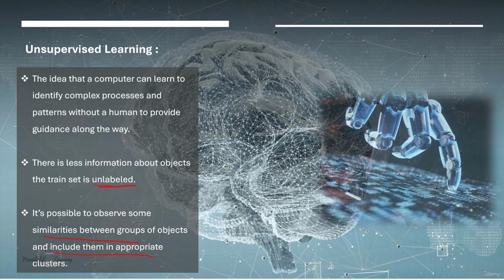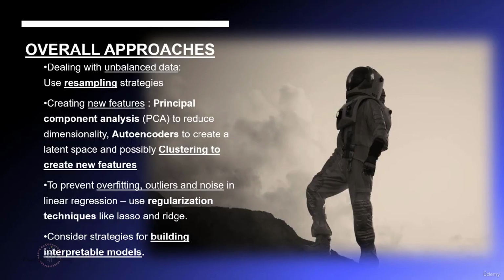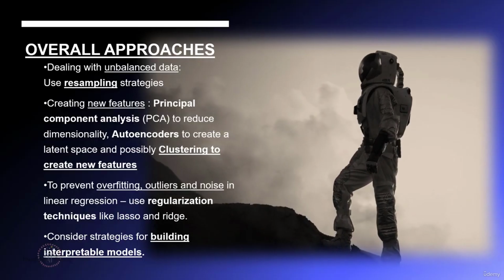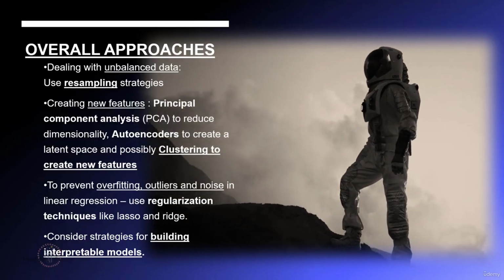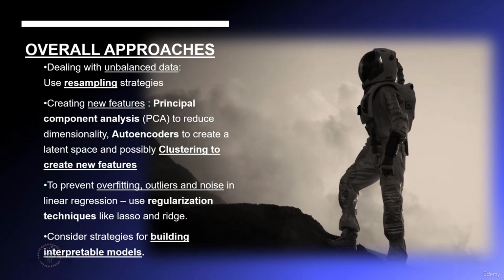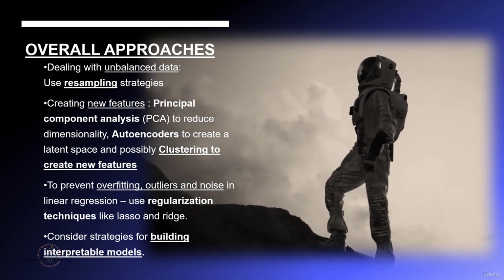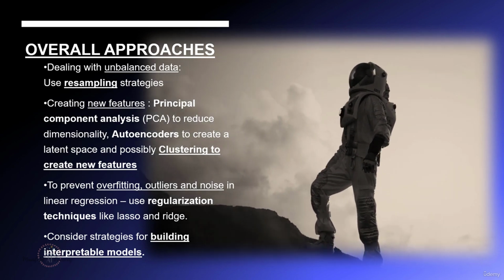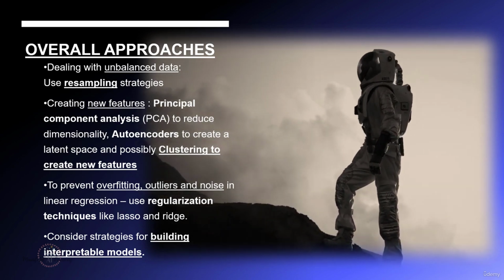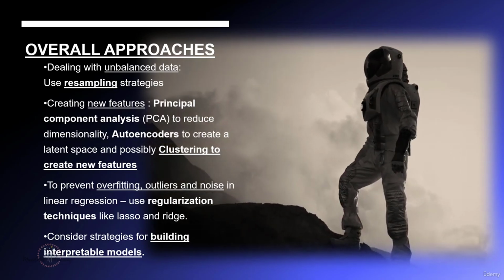Now, when we have these different kinds of approaches, the question is how can we select the model? When we talk about the overall approach to the selection of machine learning models, whenever we are dealing with unbalanced data, first we will have to ensure we follow a valid resampling strategy.